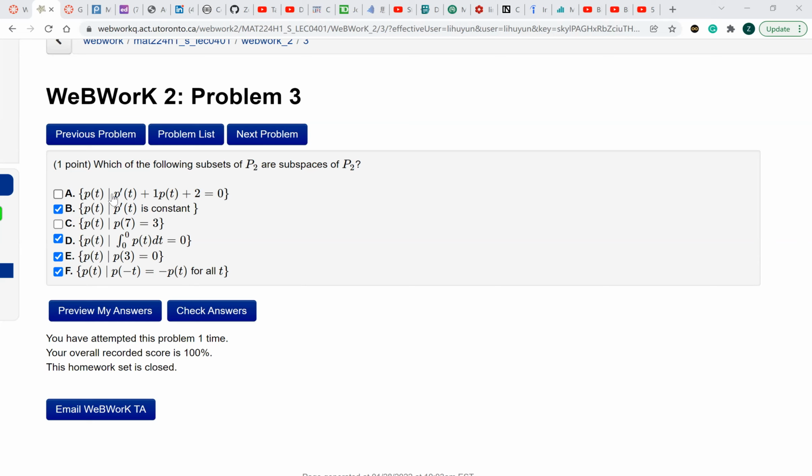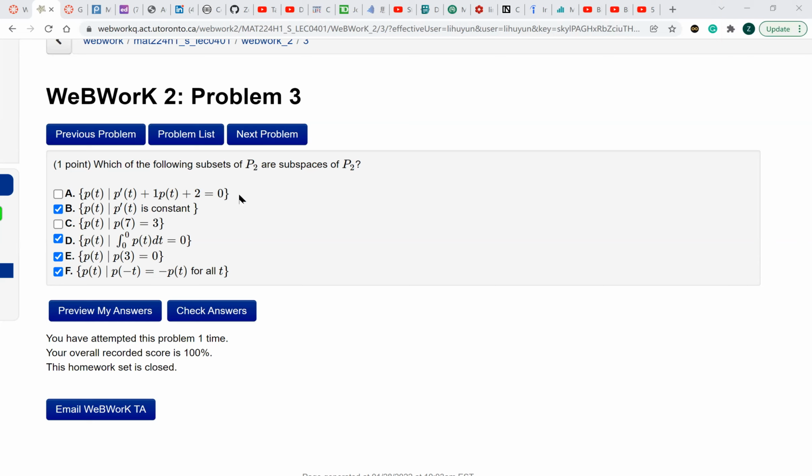For the first one, A, you should work on this. Is there something that's weird? It has a P prime and a P, so how do you add them together? Same thing. You give me two polynomials, P and Q, and you know that P satisfies this and Q also satisfies that. Then you have to show that P plus Q also satisfies that, or it doesn't.